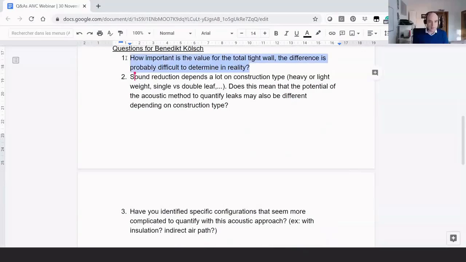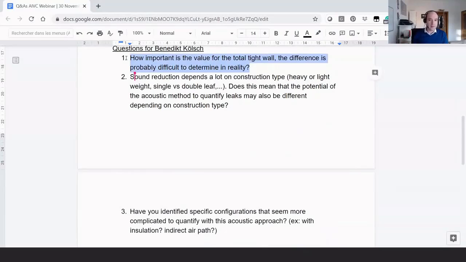As I see, most of the questions are heading in this direction. It is of course important to get these measurements for the tight wall, because, as I already told you, the sound transmission through the tight wall has a large influence.